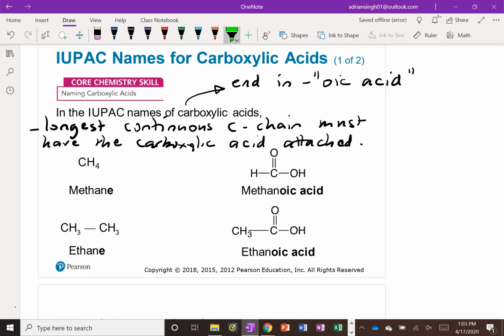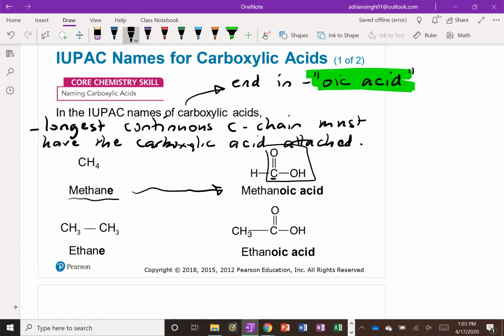The ending of the name actually tells you what family it belongs to. So for example, if we have a 1-carbon alkane, we would call that methane. If we turn it into a 1-carbon carboxylic acid, so there's our 1-carbon, and there's our carboxylic acid functional group, we drop the E and we replace it now with oic acid, so it becomes methanoic acid.